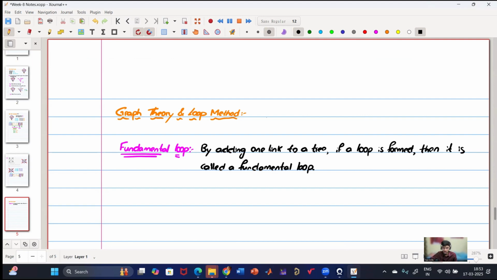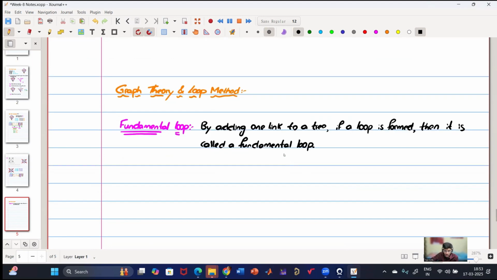Sir, the links are nothing but elements of a co-tree, right, sir? Elements of a co-tree, yeah, exactly. But here by adding one link means, okay, I'm coming.